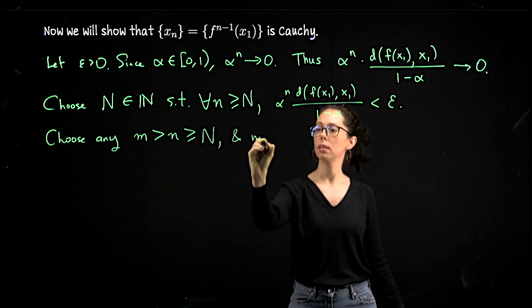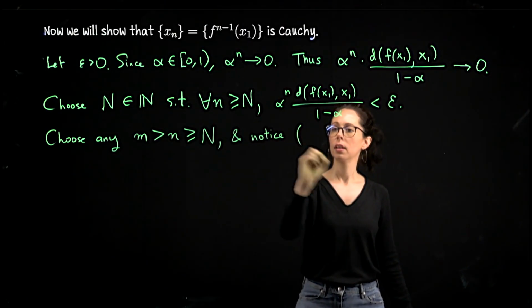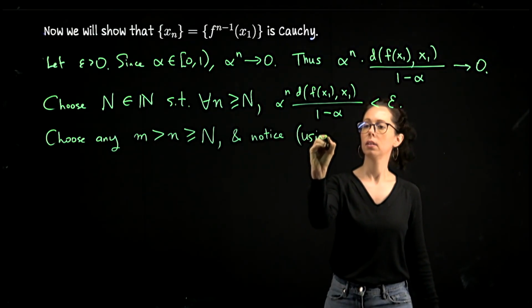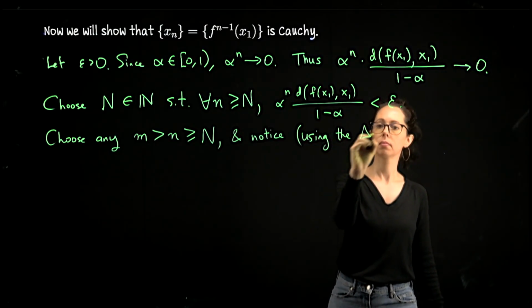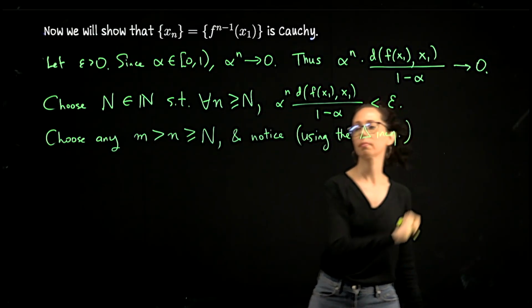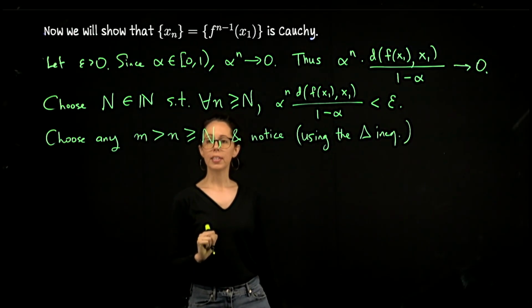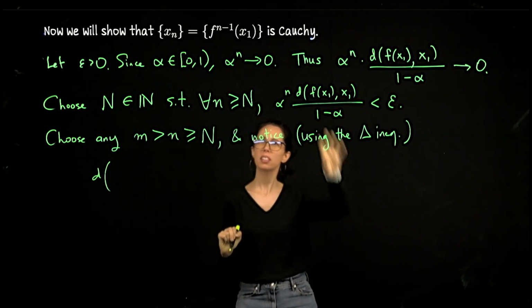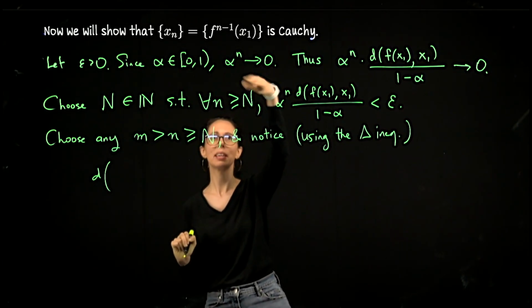And notice we're going to do a triangle inequality argument. That the distance, there's this little thing here where the nth term is n minus 1 applications.